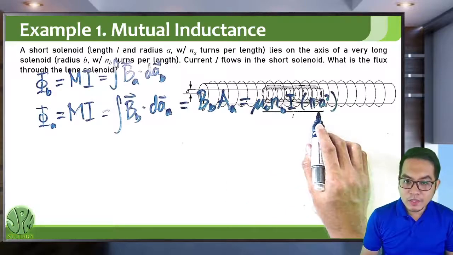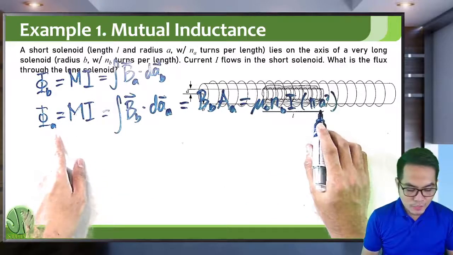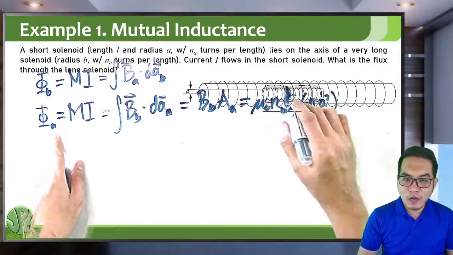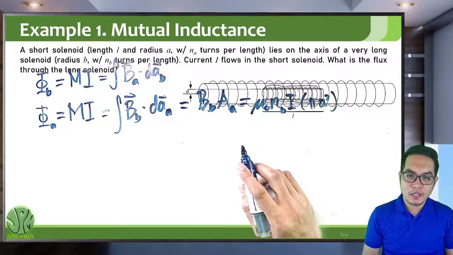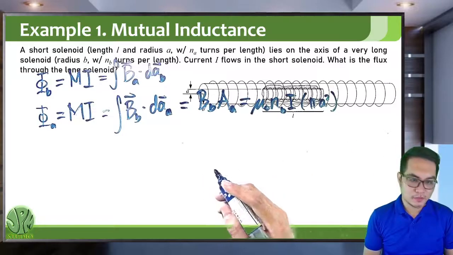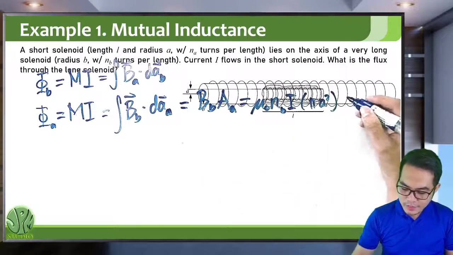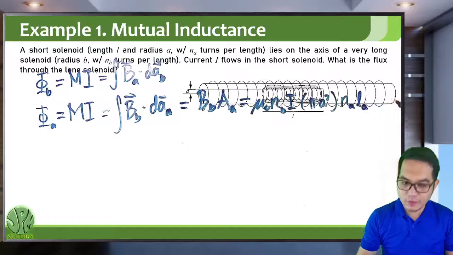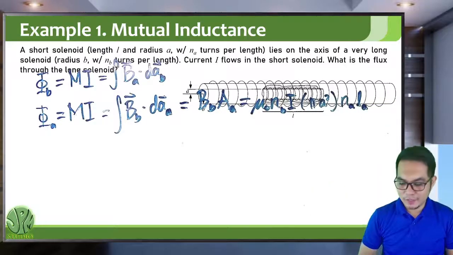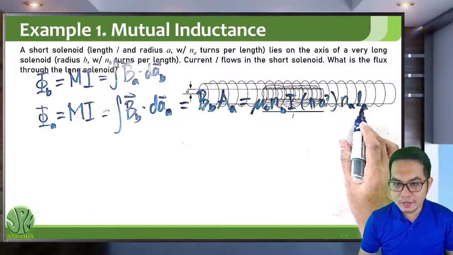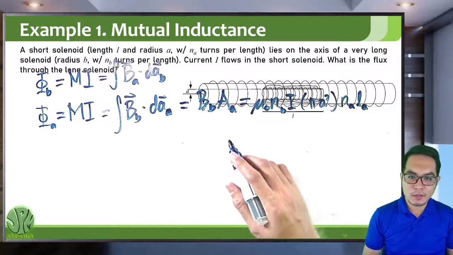But this flux is only for a single loop. In order to get the flux through all of the loops in the short solenoid, we need to multiply by its number of turns. Its number of turns is just its number of turns per unit length times the length of solenoid A, n_a times l_a.